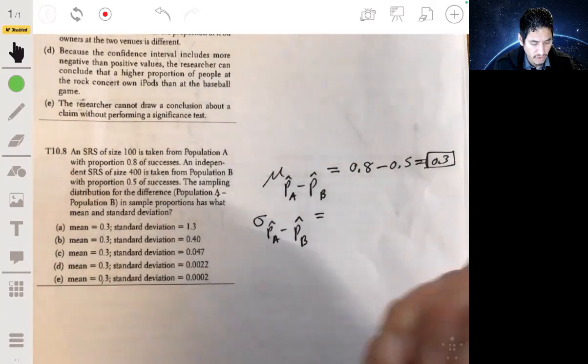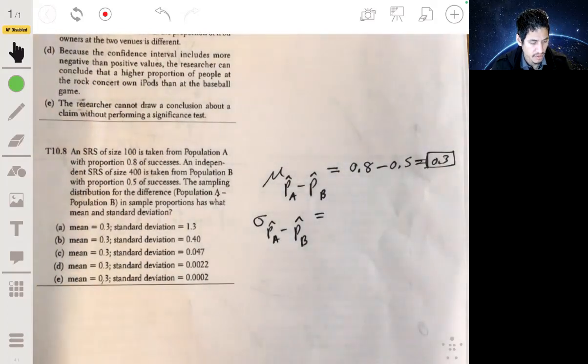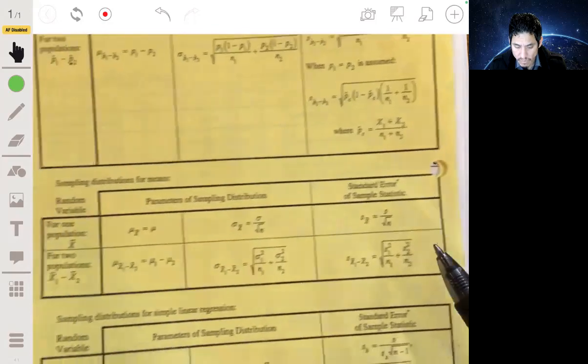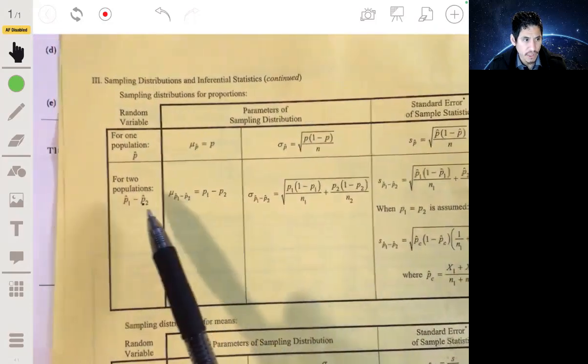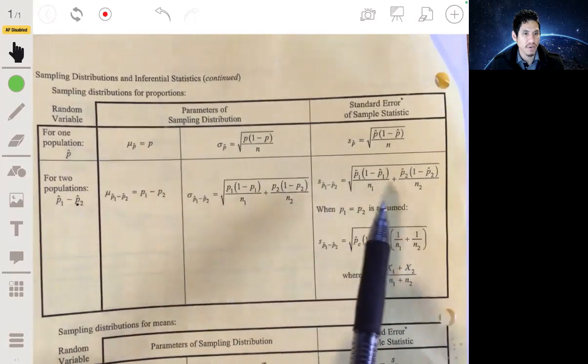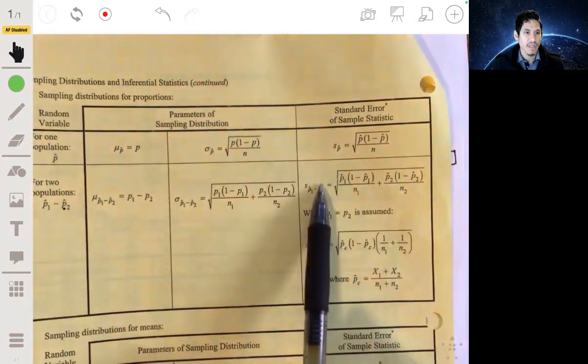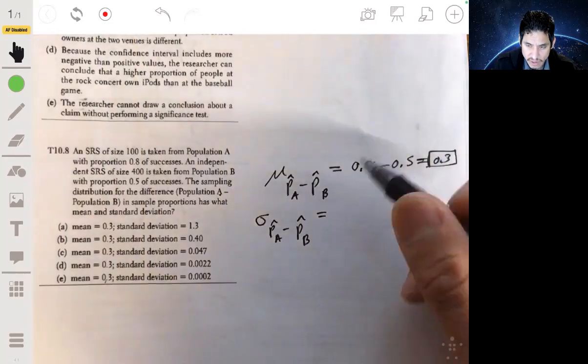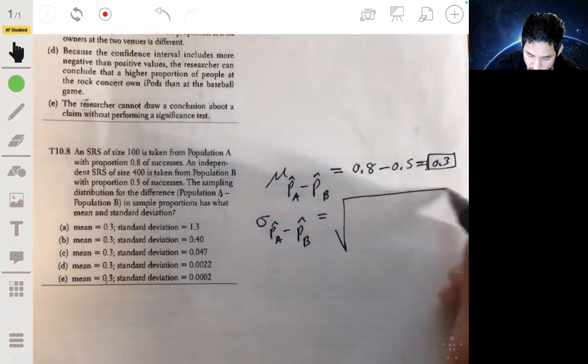we're going to use this formula. We're looking for differences in proportions, so it's going to be this formula right here. So this will be equal to the square root.